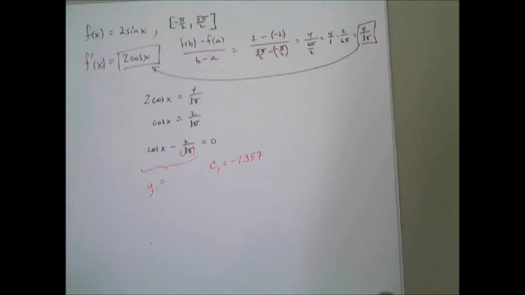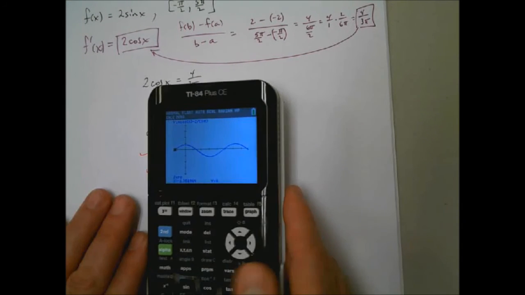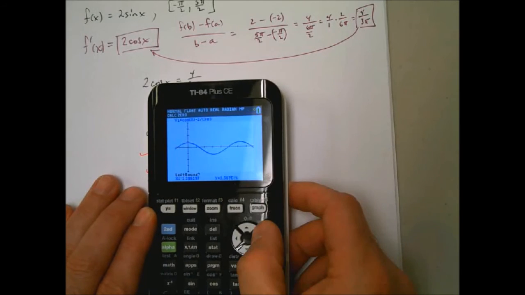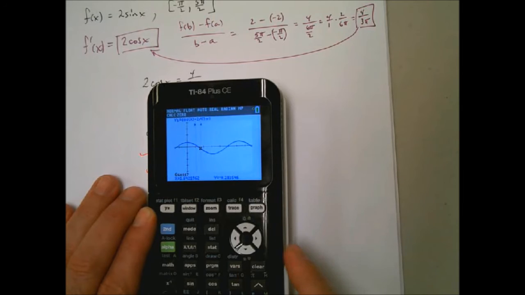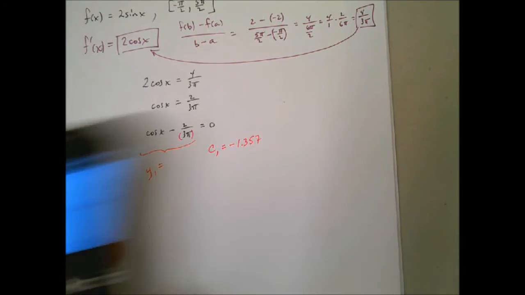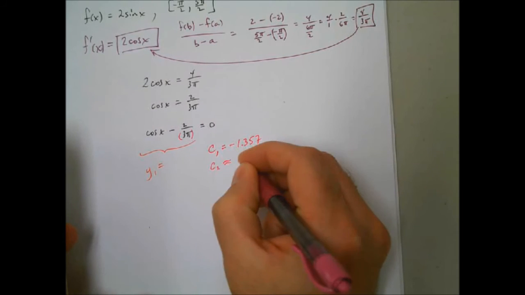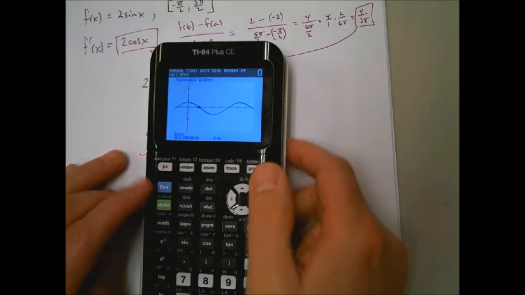And then you go through and you find the other 3. And so second calc, find the x-intercept. And the second one's approximately positive 1.357. Three decimal place accuracy.